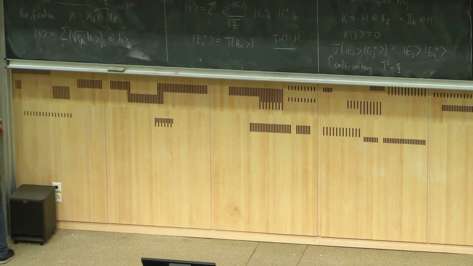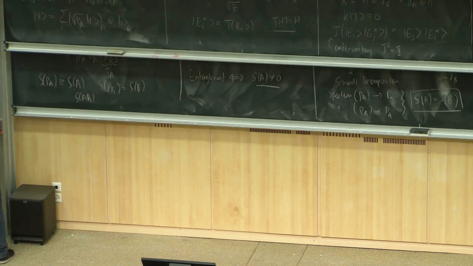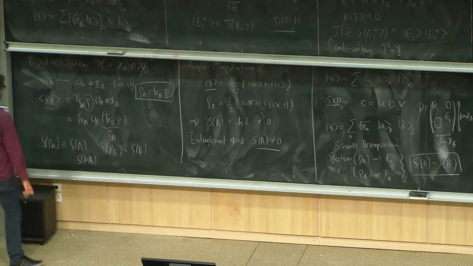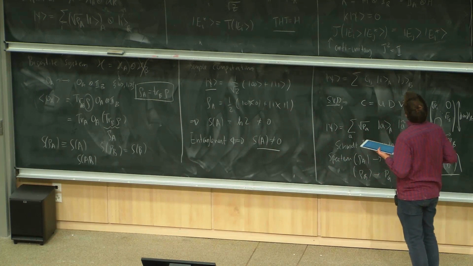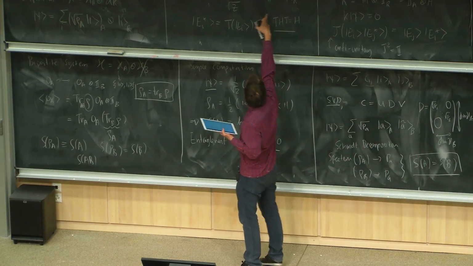It's quite clear that J leaves the state invariant just because of the form of the state, which I put up here.